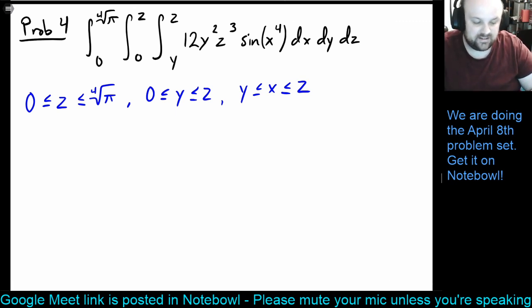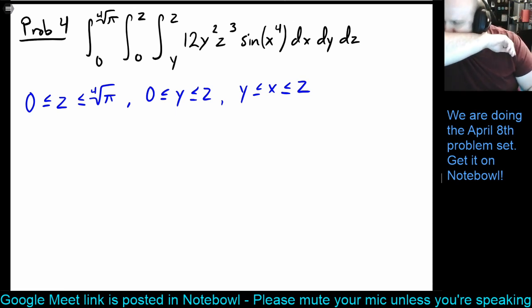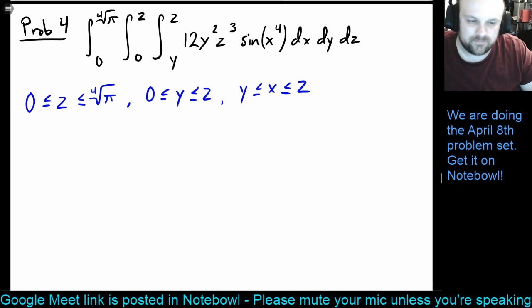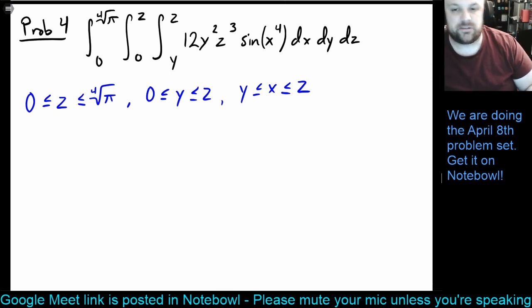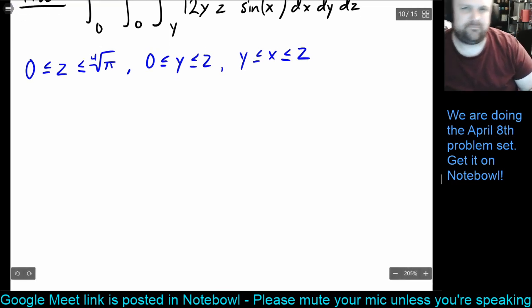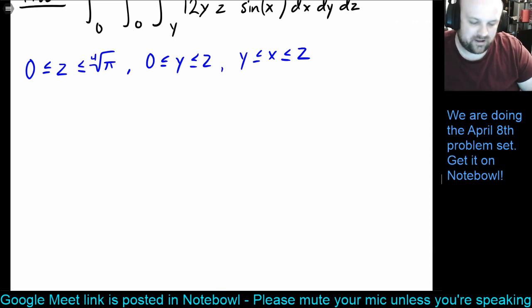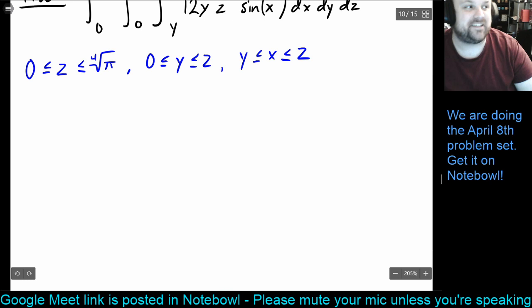Now let's see if we can sketch what's going on here. We want to try and sketch this, or at least make an attempt. I'm very, very bad at sketching more than one plane at a time, so this is going to be a best I can do picture.